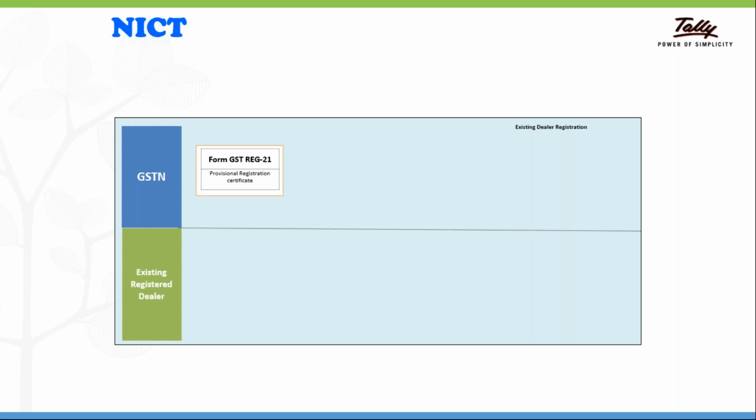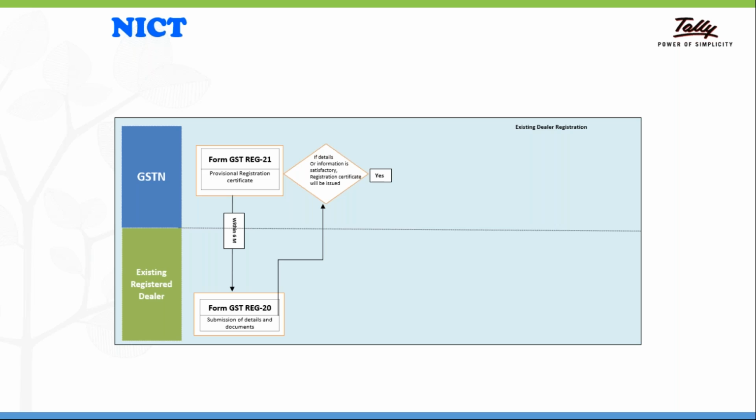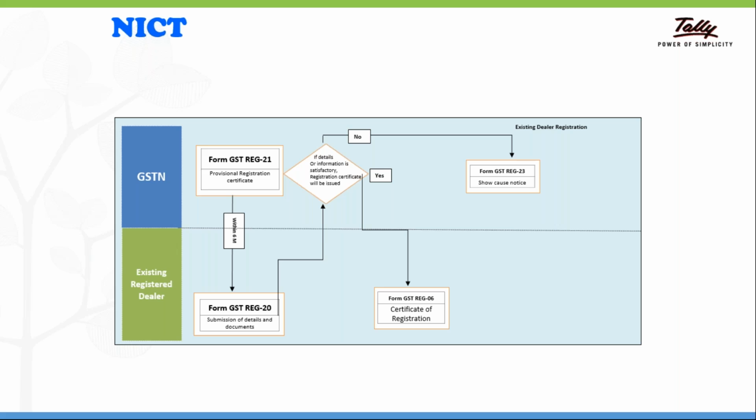So you will have to register under this form, okay? And within 6 months, you will have to submit all the details and all the documents required. Then if the details or information are satisfactory, a registration certificate will be issued. If yes, you get the registration. If not, you need to show cause. This notice gives you the cause why your GST is rejected.